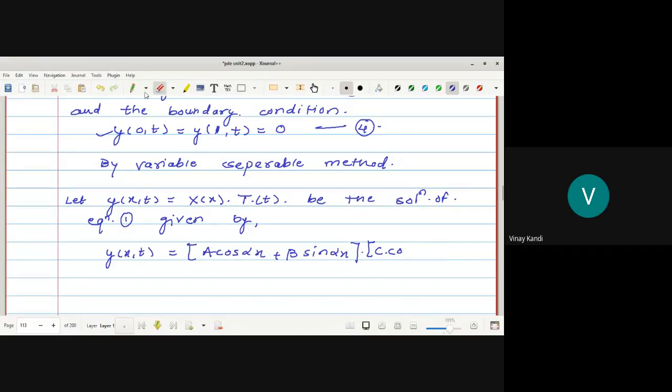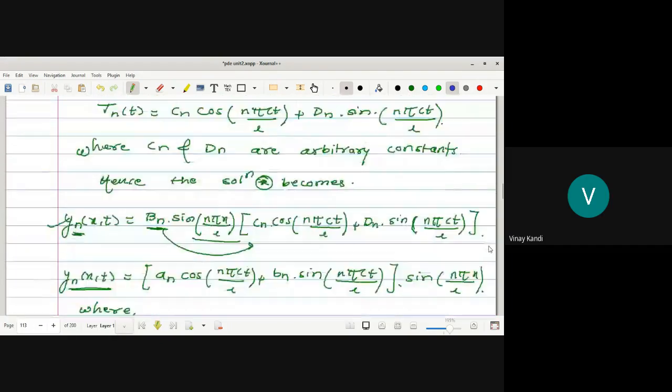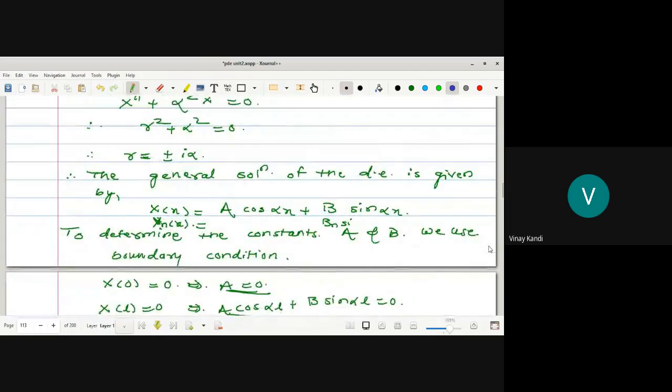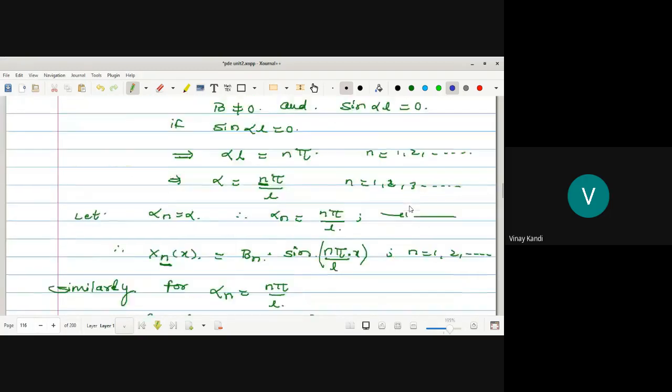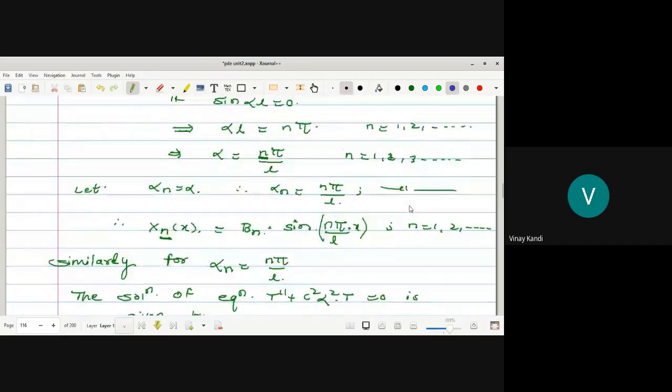In the previous section we saw that X(x) is nothing but a cos alpha x plus b sin alpha x. Okay, similarly T(t), look at it.